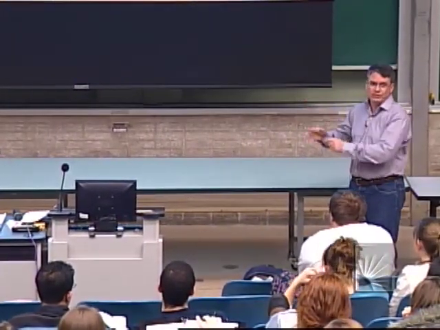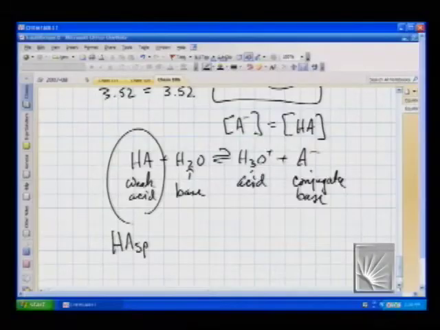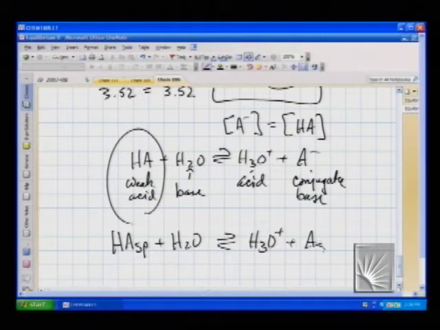So everything that we told you about acids plus bases equals salts and water, guess what? It's not true. Acids plus bases always give you an acid and a base. So for any weak acid like aspirin, and you react it with water, you're going to make an acid and a base.